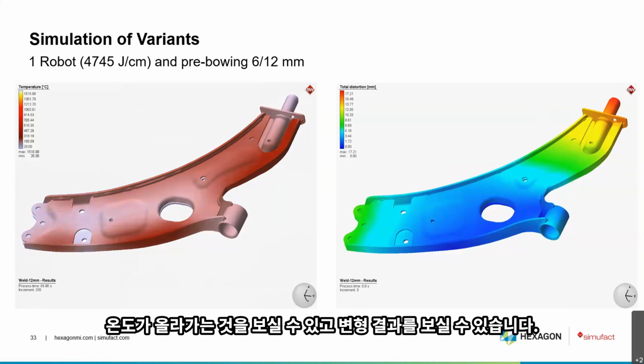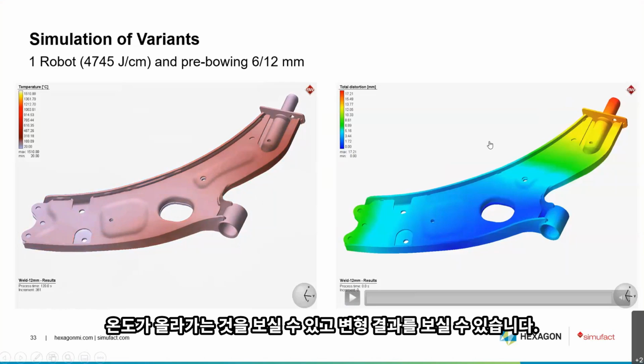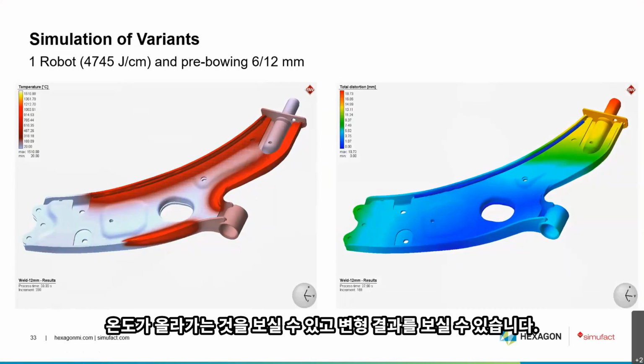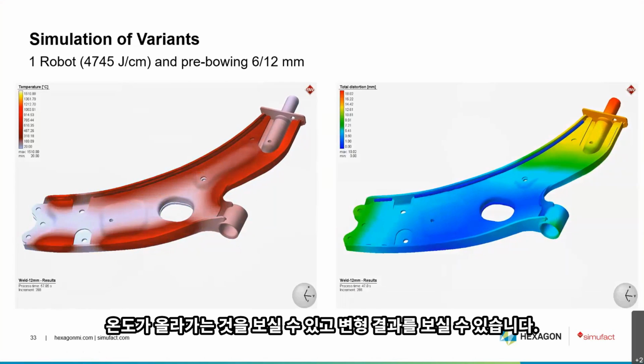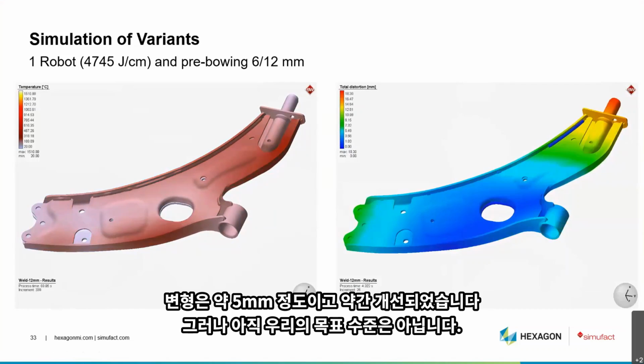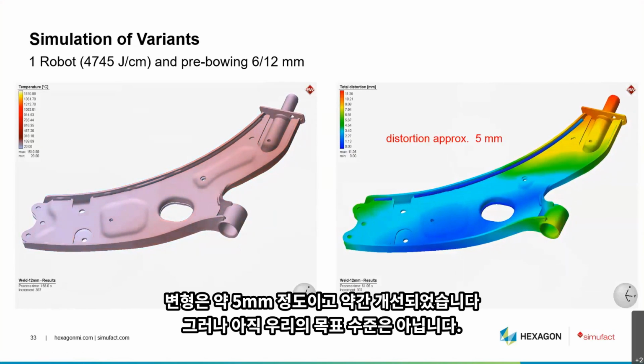And you see again how the temperatures change, how they evolve. And here you see the distortion of the part as a result of that. And we end up with approximately 5 millimeters, which is slightly improved, but still not where we want to head.